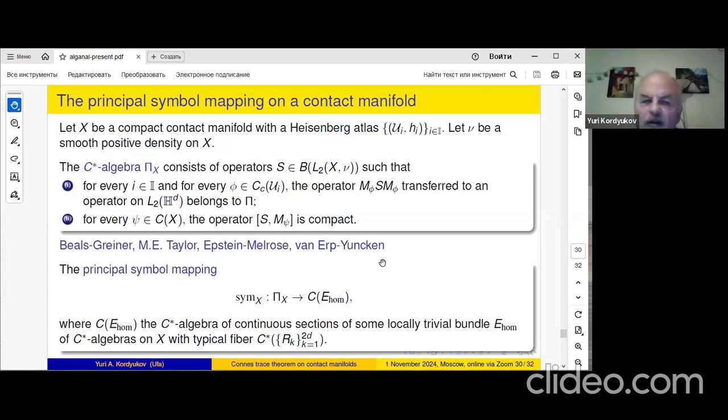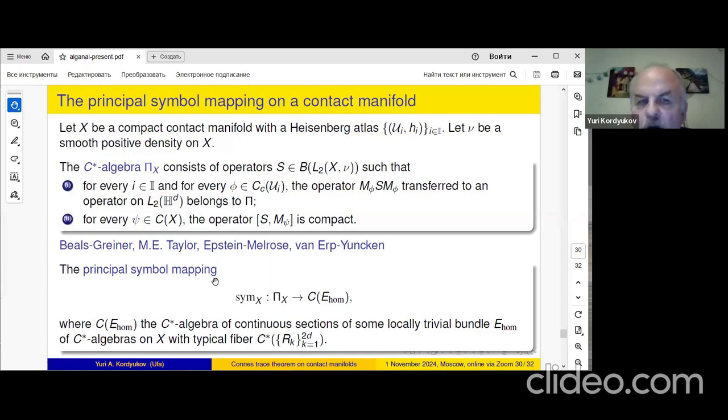Now it's very fashionable, and really very powerful, to approach pseudo-differential operators using groupoids. And for these contact manifolds, this groupoid approach to pseudo-differential operators was done by Erik Van Erp and Rob Yuncken very recently. And one can also construct the principal symbol mapping.